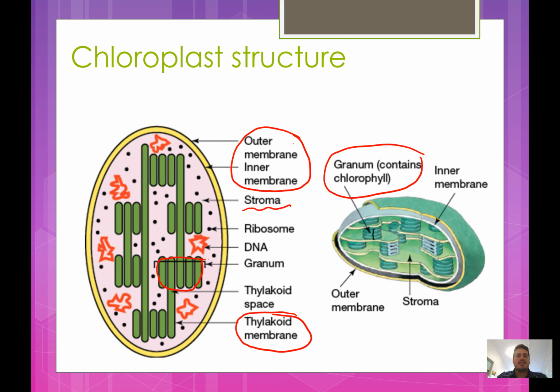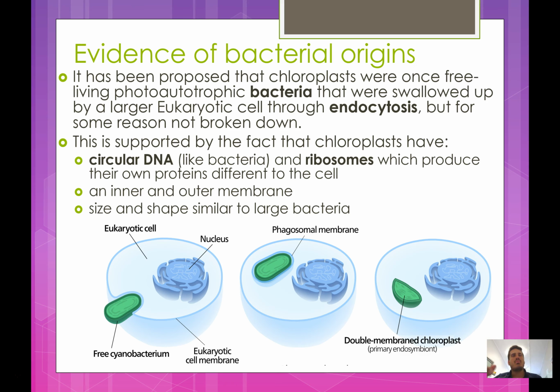Another key thing to notice is that chloroplasts have DNA, and they have ribosomes. Why would that be important? Hopefully you can work out that if a chloroplast has DNA and ribosomes, chloroplasts have the capacity to produce their own proteins, which is a pretty cool thing and really important when we're talking about the evidence of the bacterial origins of chloroplasts.